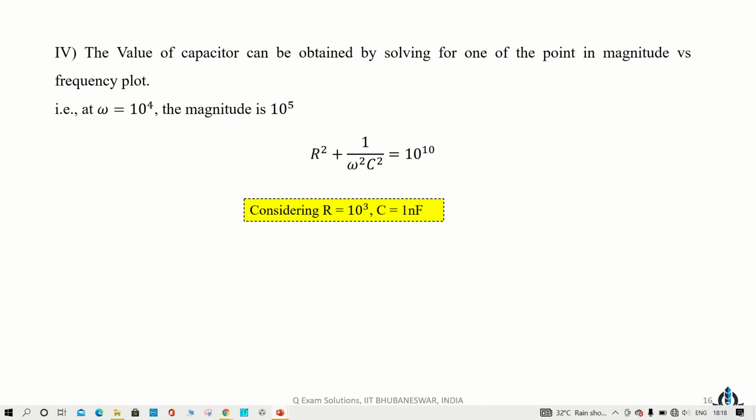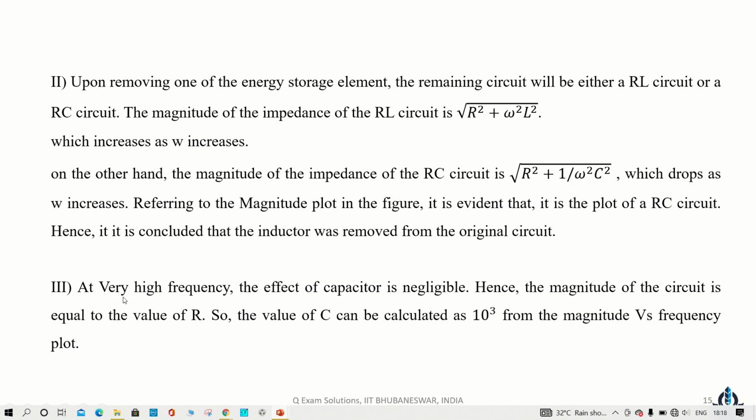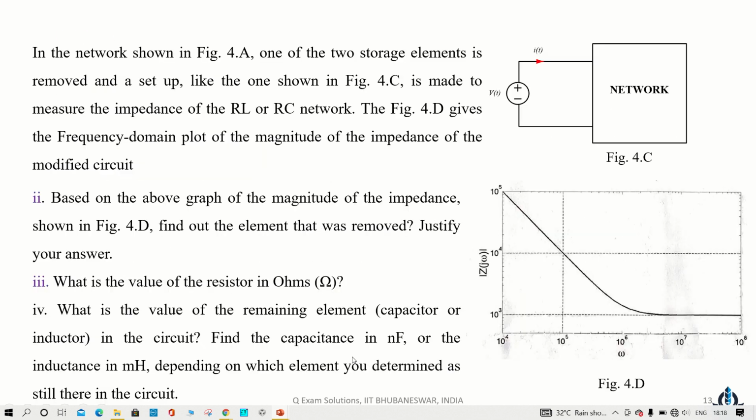For finding R, at very high frequency the effect of the capacitor is negligible, because the impedance of the capacitor is 1 by Xc, where X means omega C. Omega is very high, so that becomes negligible, and hence the magnitude of that circuit is equal to R. For that, the value of R can be calculated as 10 to the power 3 from the magnitude versus frequency plot.